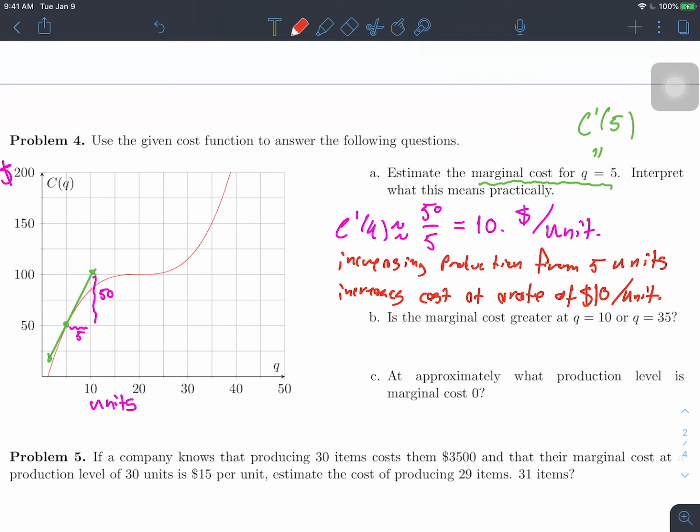It's just like when we did the instantaneous rate of change, or the derivative, the slope of a curve, we have to say, well, where exactly do you mean? Because the slope is changing all over the place. Okay, so the place here is encoded in this part which says from 5 units, increasing production from 5 units. That means we start at 5 and we increase from there. That's telling me to go to this point right here on the graph. Increases cost at a rate of $10 per unit means that increasing from that point is going to increase our cost.